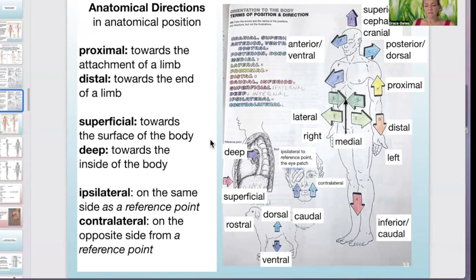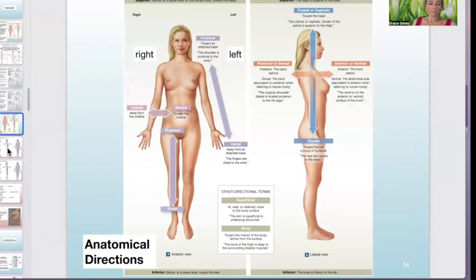Ipsilateral means on the same side as a reference point. So the right leg is ipsilateral to the right arm, and the term contralateral means on the opposite side from a reference point. So the left leg is contralateral to the right arm would be an example. Here's the anatomical directions picture.